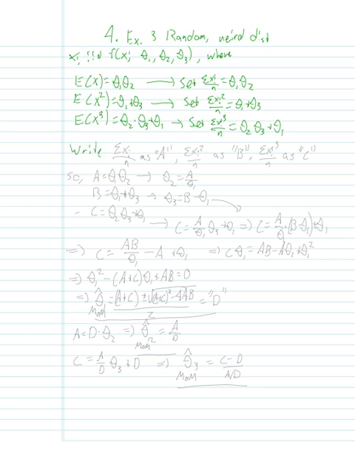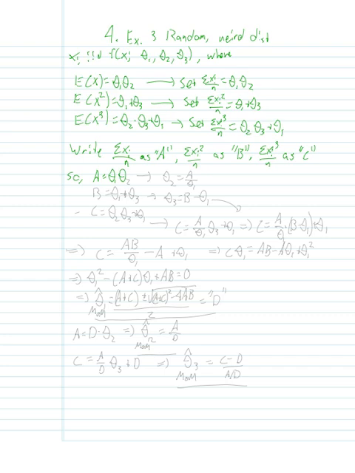Now, last thing I do is I'm just going to opt to write sum of Xi over n as A, sum of Xi squared over n as B, sum of Xi cubed over n as C. I'm just doing that for my own convenience, so I don't have to write quite as much.